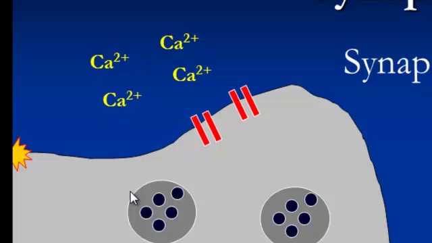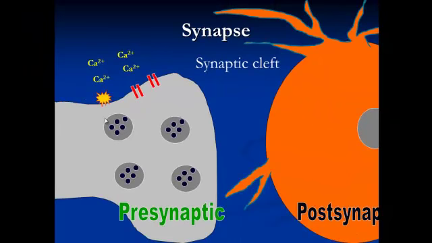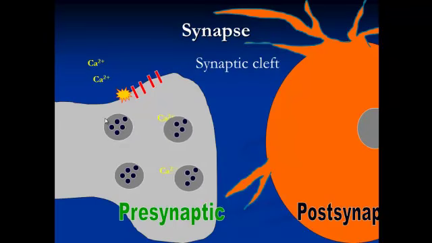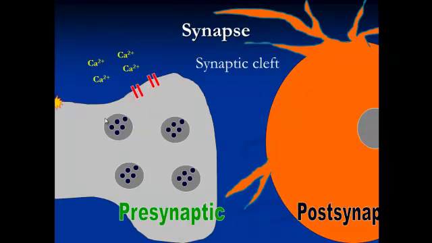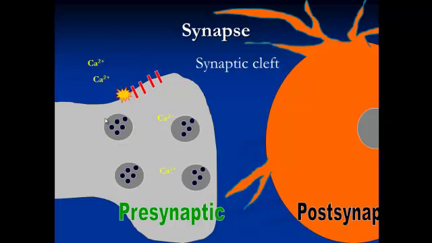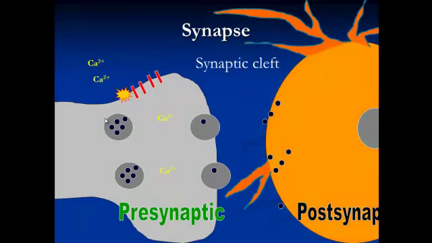So the action potential comes down, calcium comes in, neurotransmitters are released, and they affect the postsynaptic cell. One more time. Action potential comes down, voltage-gated calcium channels open, calcium helps in exocytosis, in the release of neurotransmitters. This is the chemical process in the electrical chemical signal.